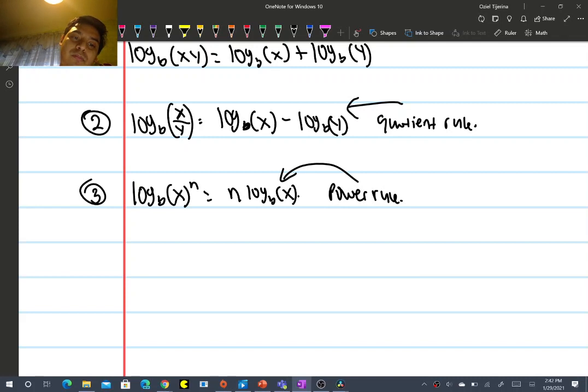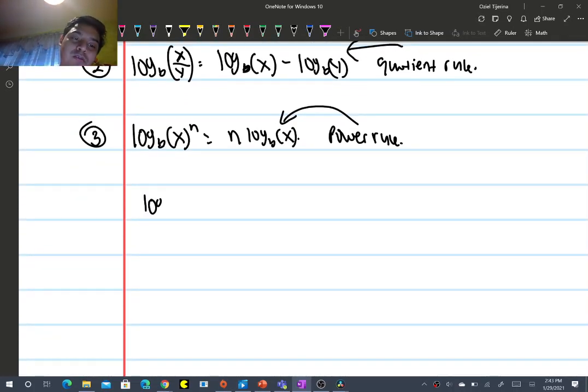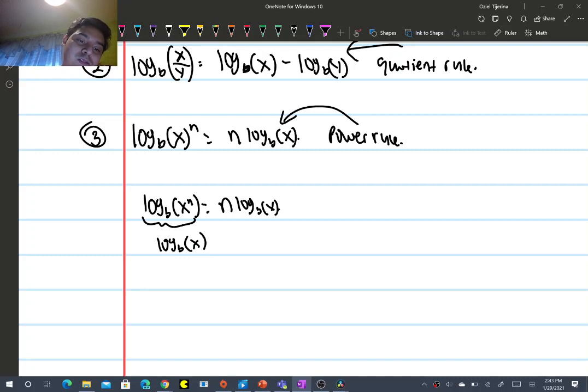So the power rule, this is what it says. When I'm doing this, I'm just moving the exponent to the very front of my log, okay? That's what that means. You can also have log base b of x to the n equals n log base b of x. It really doesn't matter.